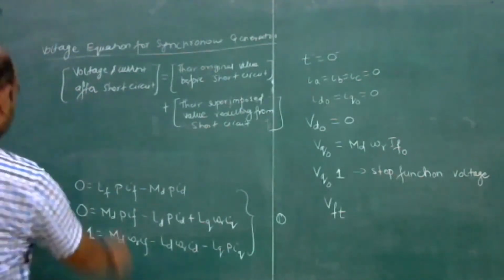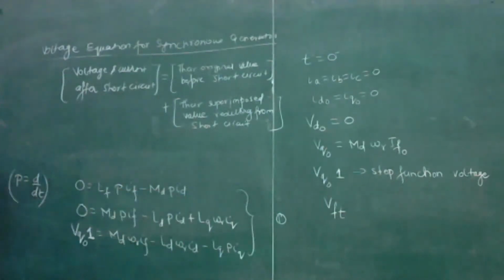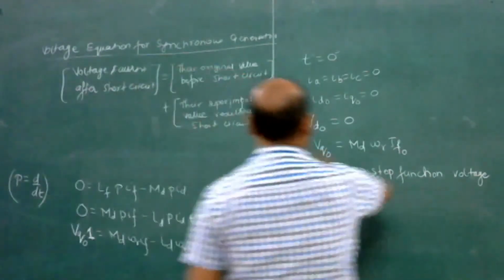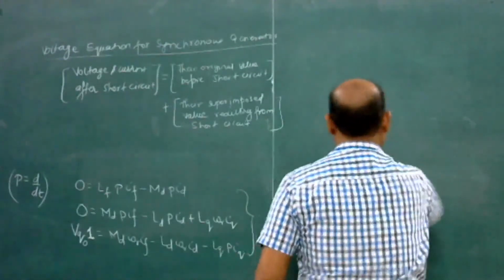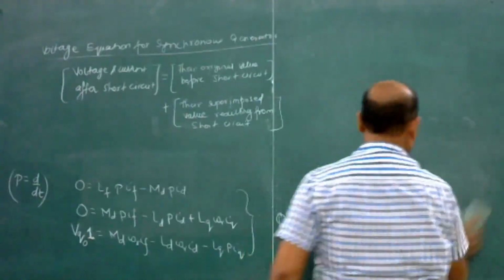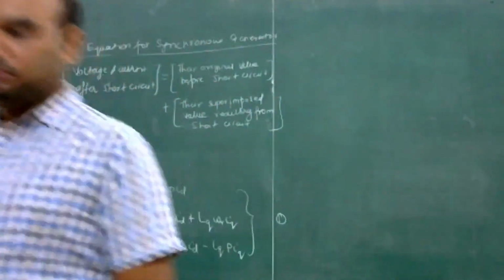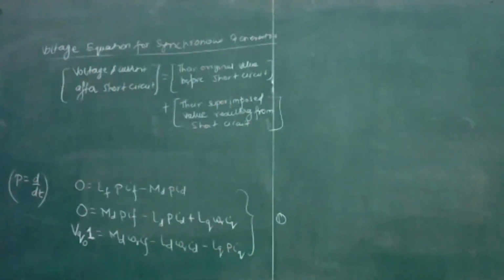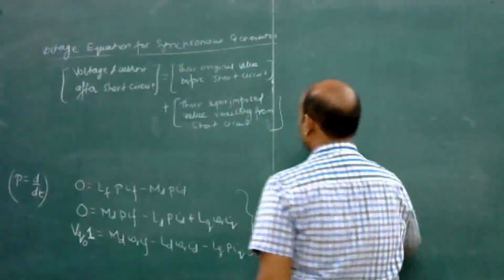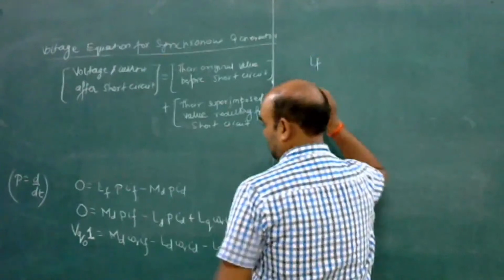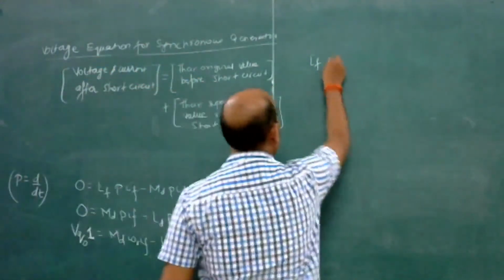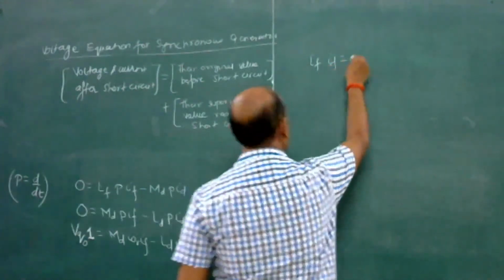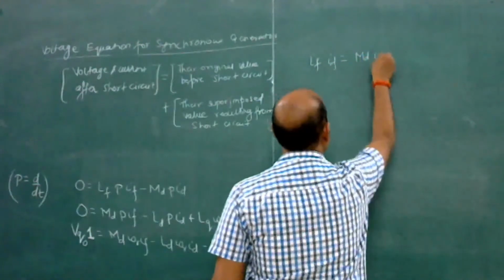So from this equation, we can find the value of IF. LF into P will get cancelled out. Okay. LF IF is equal to MD ID.